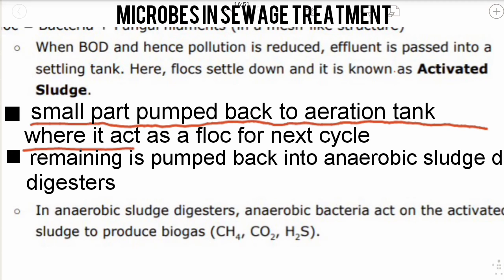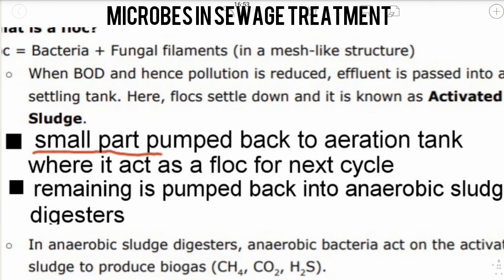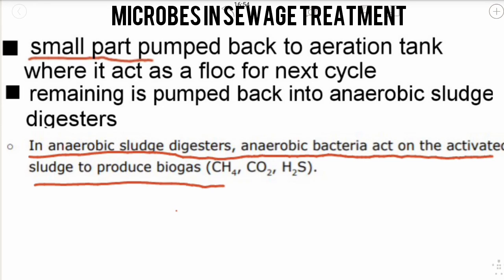Then what happens? The remaining part is pumped into the anaerobic sludge digesters. The rest will enter into the large tank called the anaerobic sludge digester. Simple. In anaerobic sludge digesters, anaerobic bacteria act on the activated sludge to produce biogas: CH4, CO2, H2S.